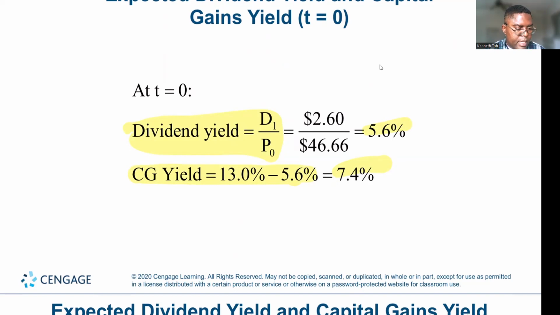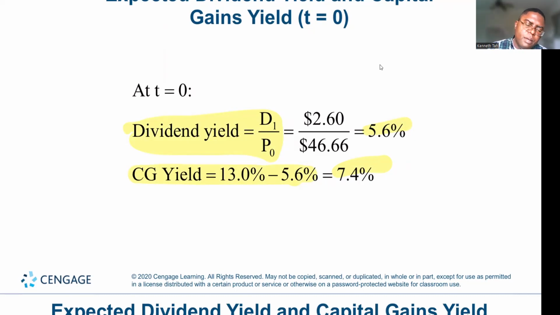All right. The last thing we want to talk about is preferred stock. Preferred stock is a hybrid security. It's very similar to bonds, but unlike bonds, preferred stock dividend can be omitted without fear of being pushed into bankruptcy.